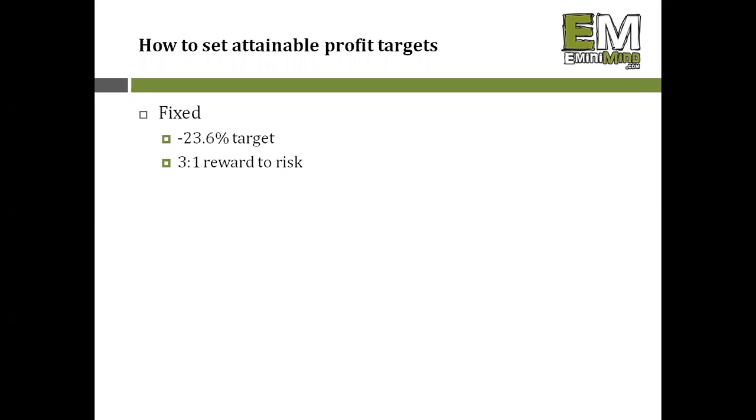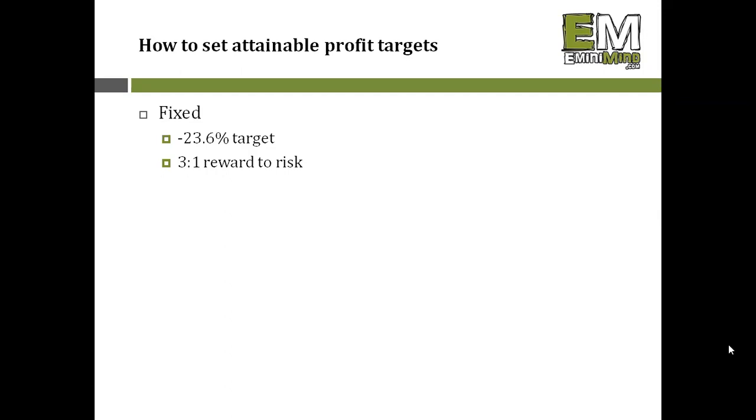So if you can stay in as many contracts as you have for as long as you can, then you'll be able to build out that reward to risk that's 2, 3, or 4-to-1 relative to your risk.